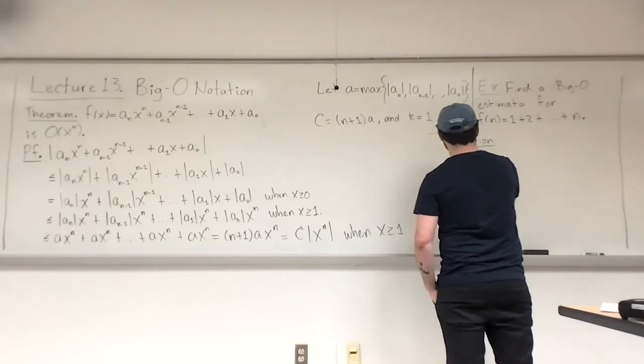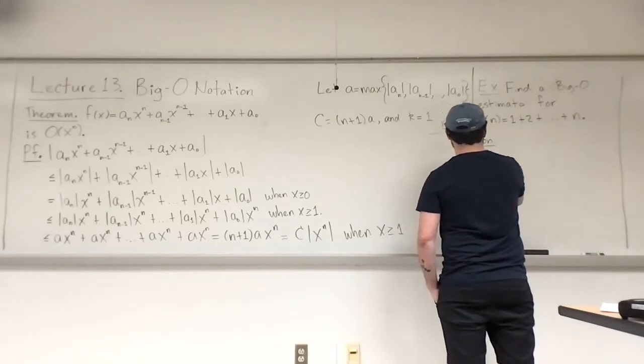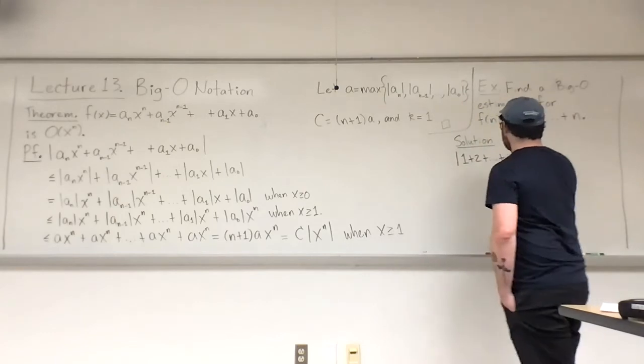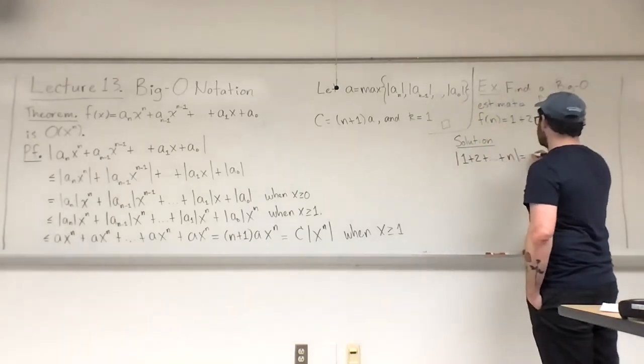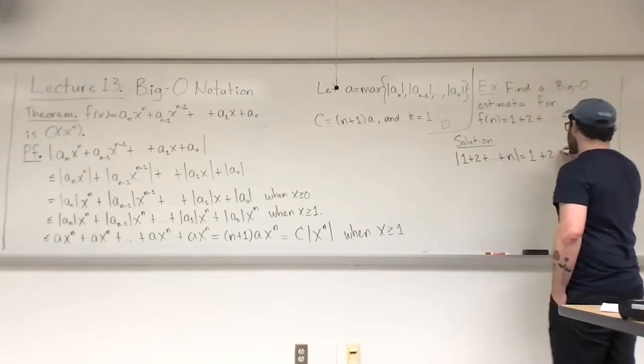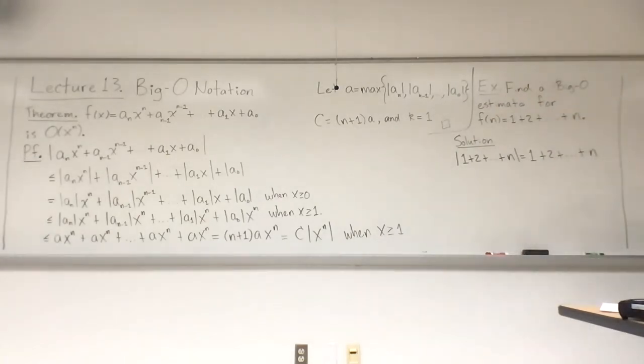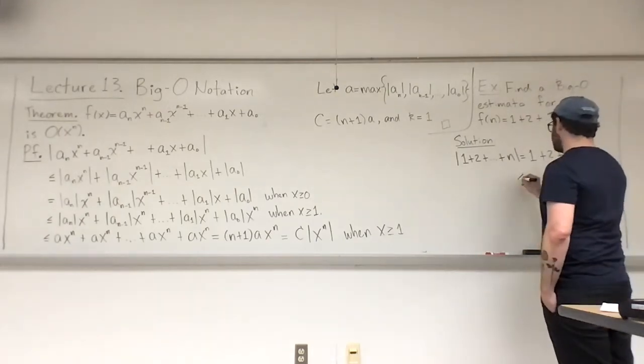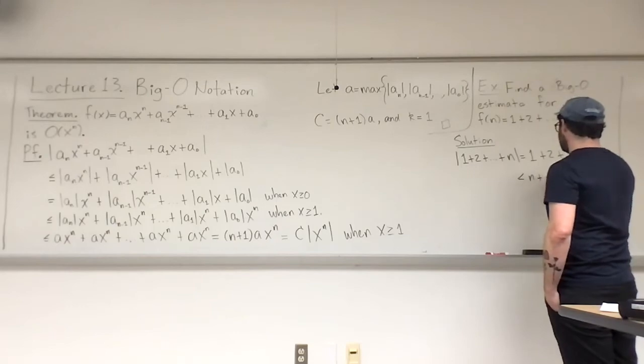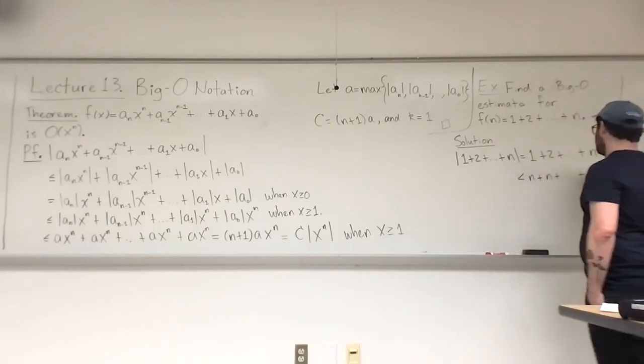So if you look at the absolute value of 1 plus 2 plus dot dot dot plus n, that's clearly equal to 1 plus 2 plus dot dot dot plus n. This is just positive, right? But 1 is less than 2, and 2 is strictly less than the next one. They're all less than or equal to n, right? So then I can write that this is less than or equal to n plus dot dot dot plus n.